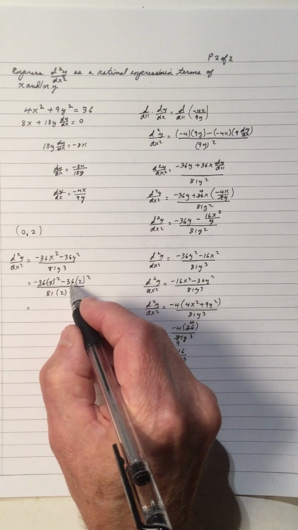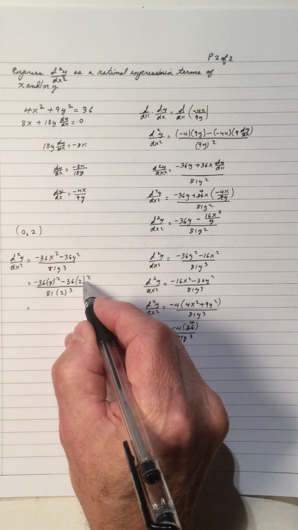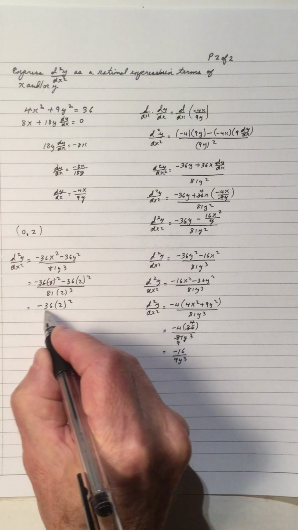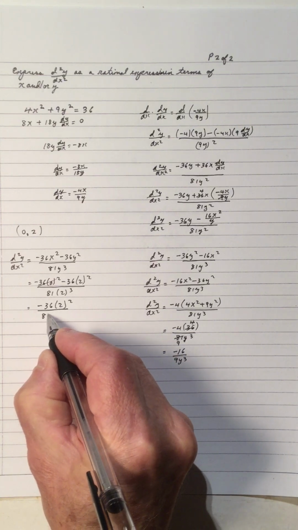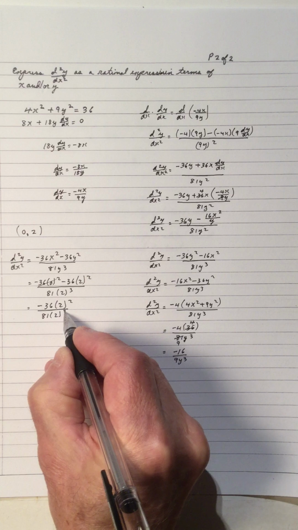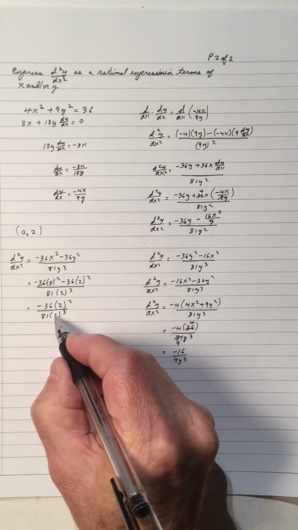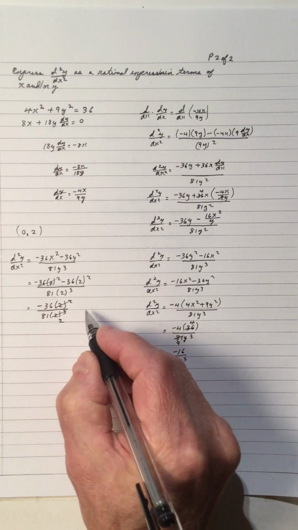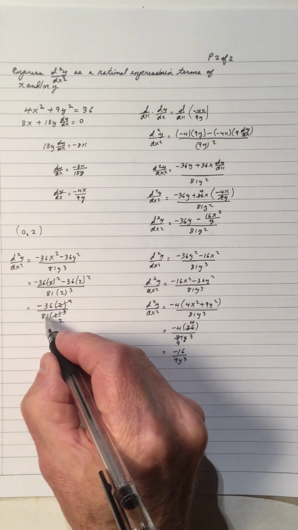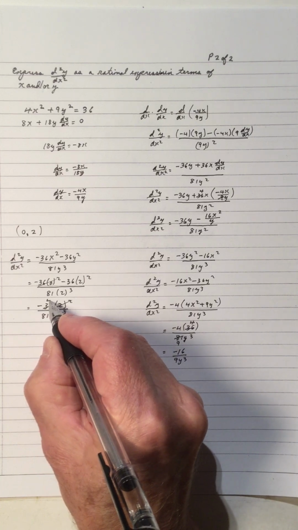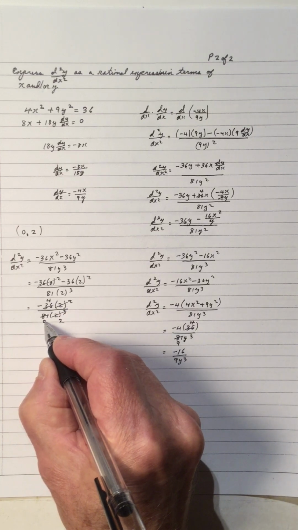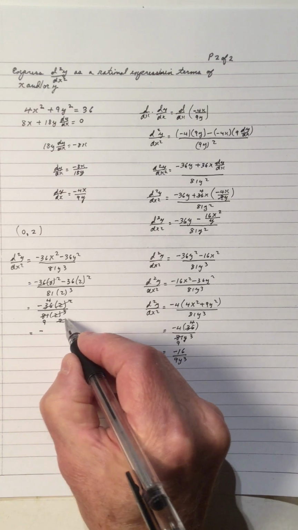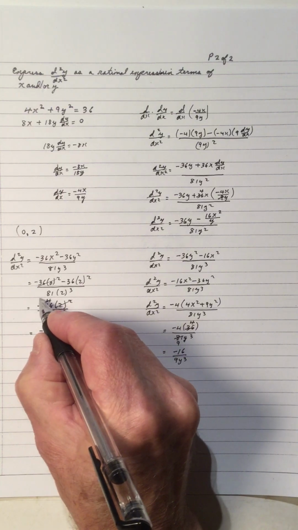We have a negative 36, so I'm just going to write that here to make it a little bit clearer. 2 squared is 4, and 2 cubed is 8, so if I cancel these, I get a 2 on the bottom. 36 over 9 is 4, and 9 into 81 is 9, so this becomes negative, 2 and 4 goes 2.